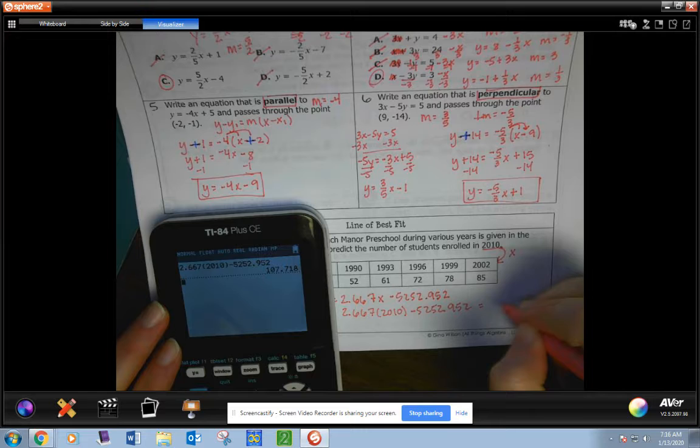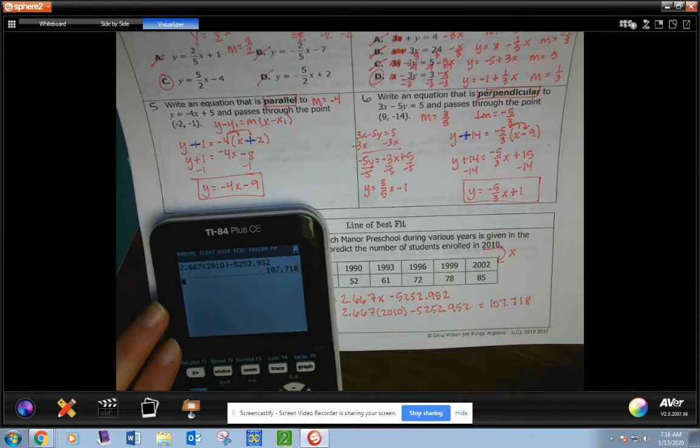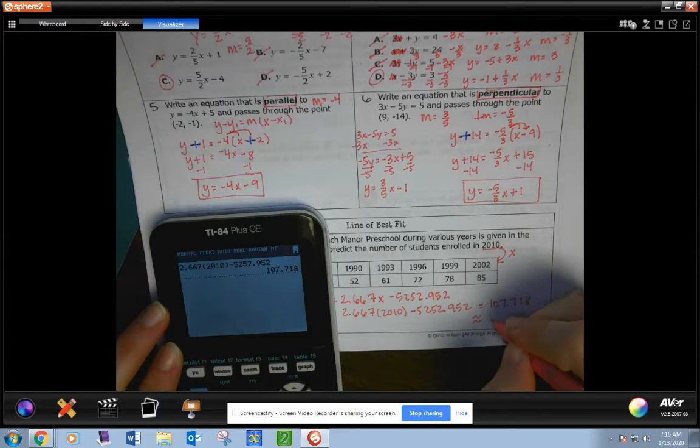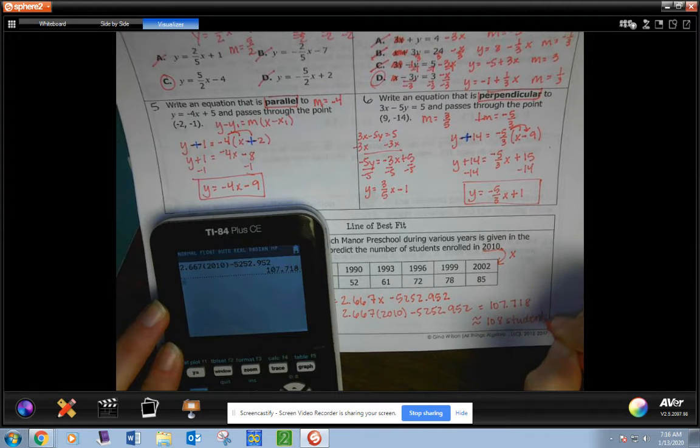And that gives me 107.718. Okay, since we're talking about students, we're going to approximately have 108 students, because students can't be partial, so I'm going to round this up. And there's my answer.